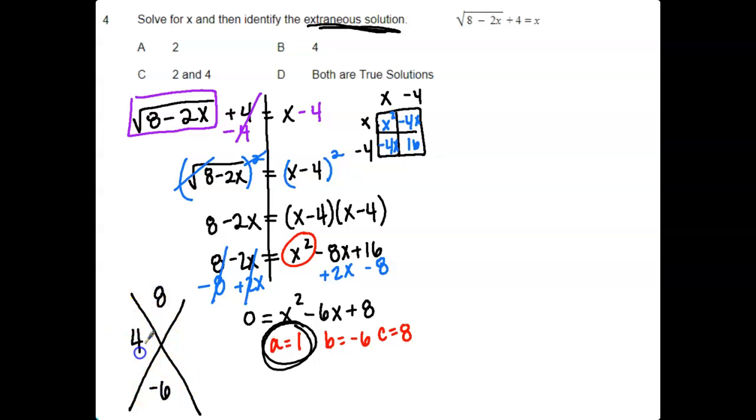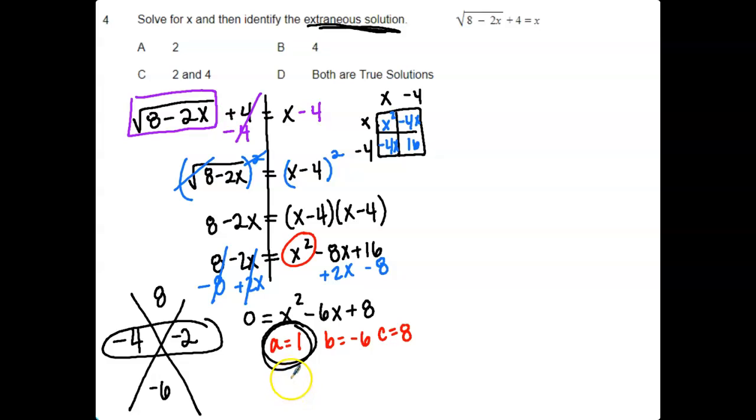I know I'm going to end up using 4 and 2. Again, when these multiply, it's got to be a positive. So either they're positive and positive, or they can be a negative and a negative, which works because I need them to combine to be a negative 6. So these are our side numbers. And because our A is equal to 1, I don't have to do full grouping. I can jump straight to factored form.